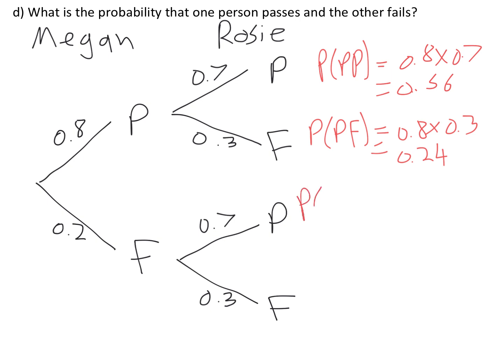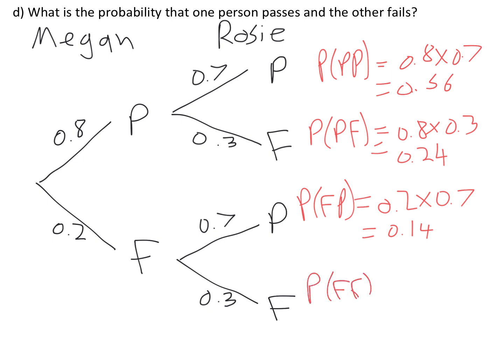Following the numbers in the branches, that's 0.2 times 0.7, which is 0.14. The final option is that Megan fails and Rosie fails, 0.2 times 0.3, which is 0.06. And actually, if you do that, you can answer nearly everything from it.